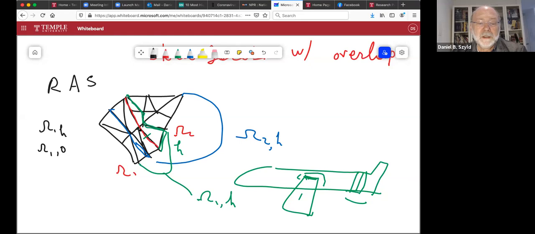Okay. Then you solve on the one with the overlap, and that gives you good information to get a better approximation to the solution. And then you only keep the information from omega 2, and then you keep going, and this works. There is no new error for the overlap. On the contrary, you have less error because you're having more information.